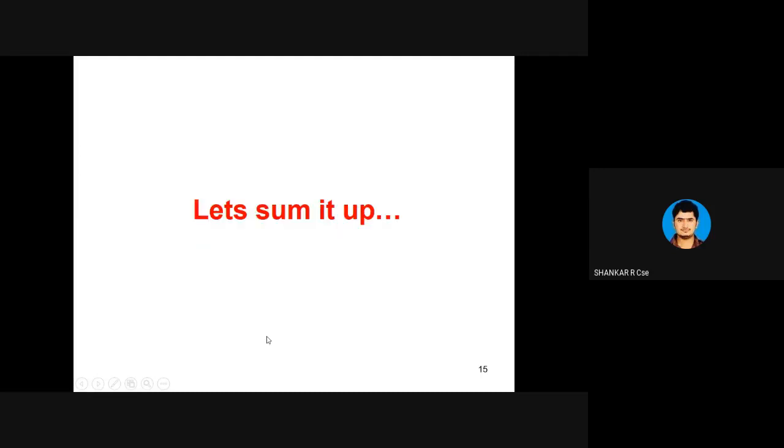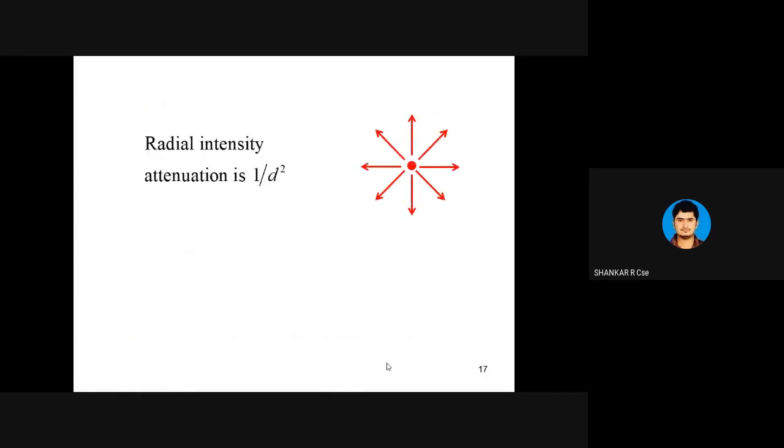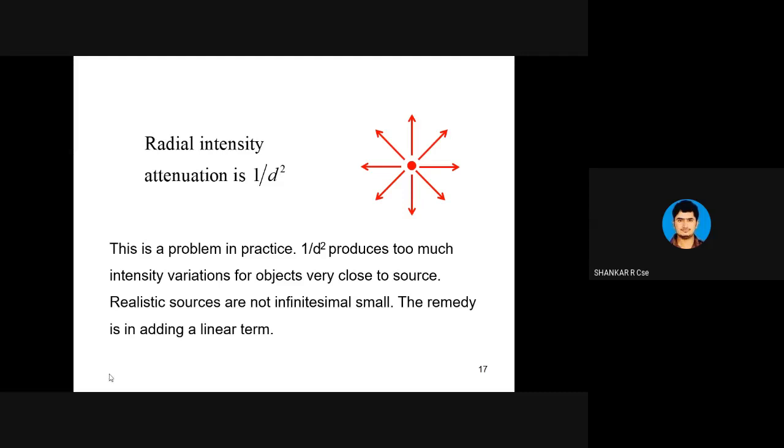All right. To sum it up, energy is of course distributed by 1 by d square. 1 by d square in practice is too aggressive. That is why we have light sources. If the light source is at infinity, no damping, means heavy loss, 100% loss. Now radial intensity is 1 by d square. That is what we did, and 1 by d square produces too many intensity variations.